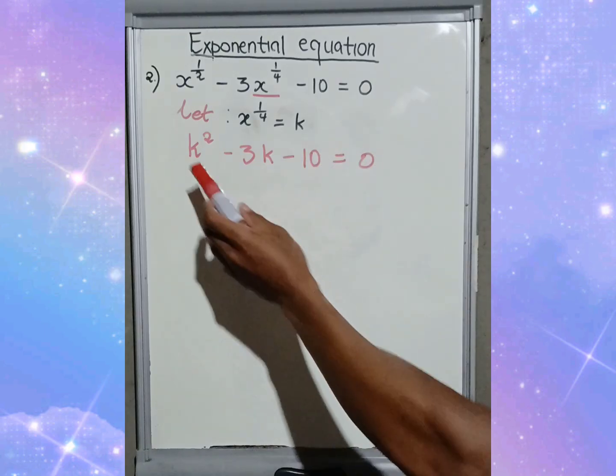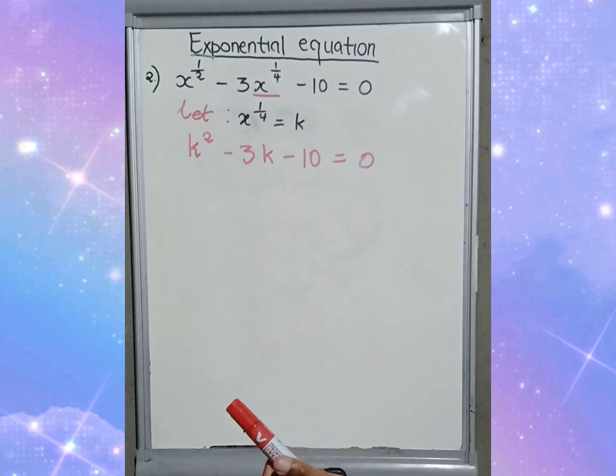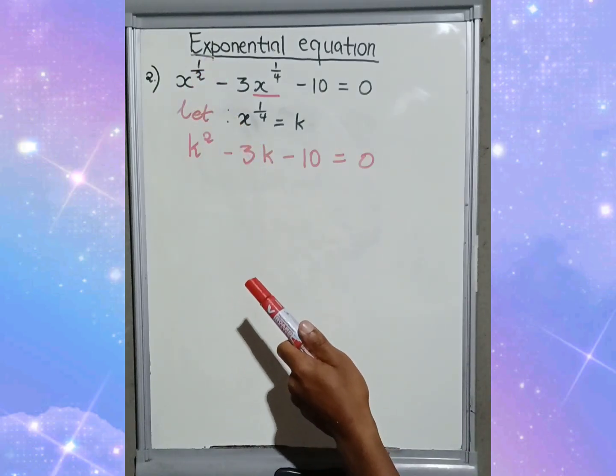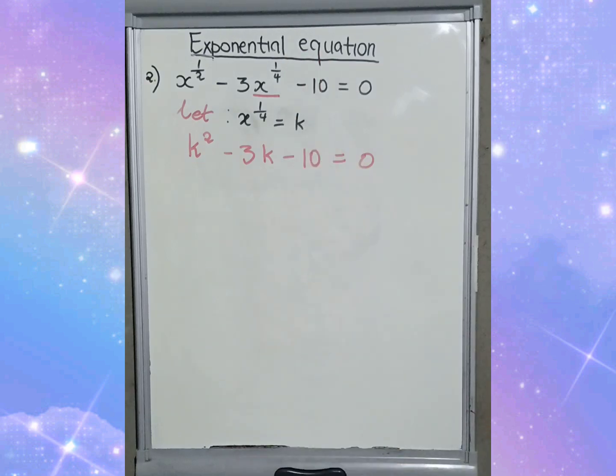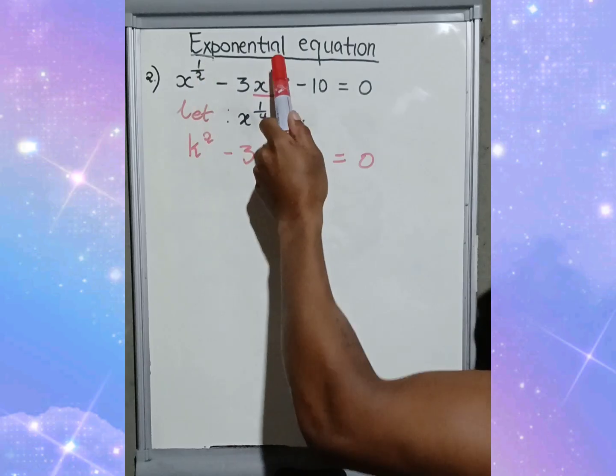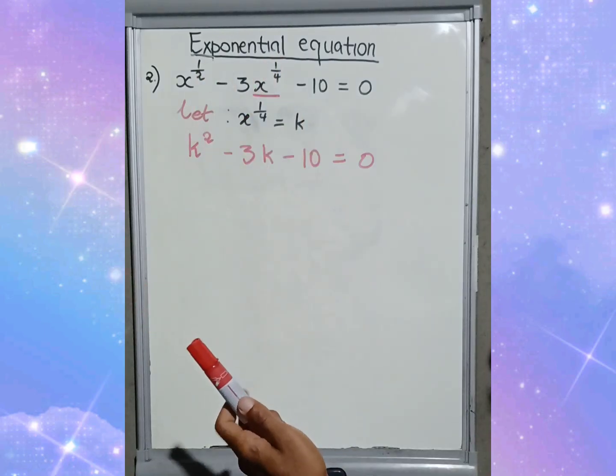How is this one k squared, Mr. Good? Some of you are saying that 1 over 2 is less than 1 over 4. No, 1 over 4 is less than 1 over 2; 1 over 2 is greater. It's very important to take note.